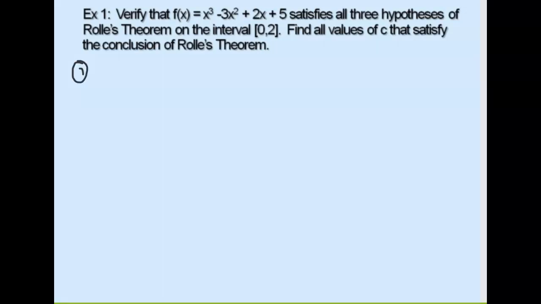So is f of x going to be continuous from 0 to 2? The answer is yes. F is continuous from 0 to 2. We know this because f of x is a cubic polynomial, and polynomials are continuous.